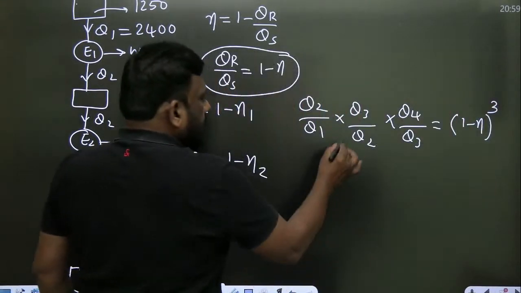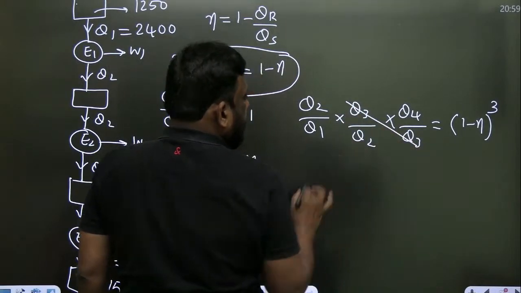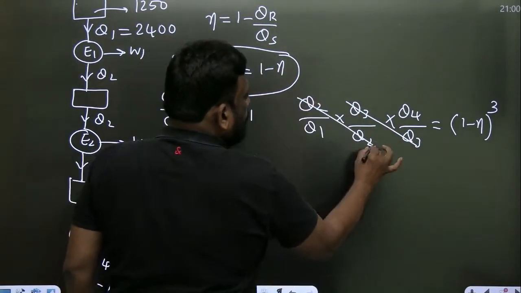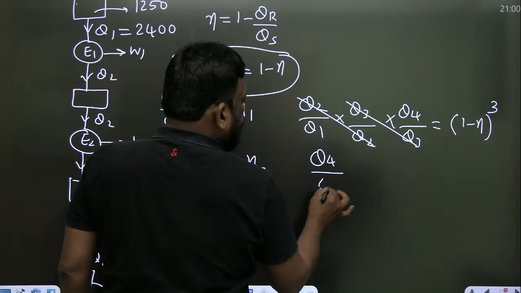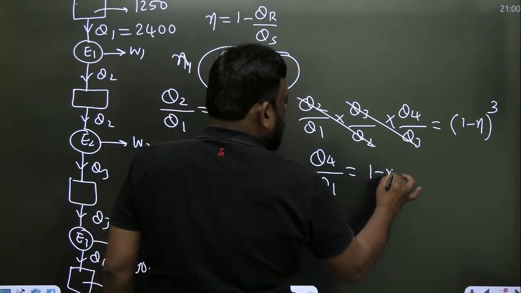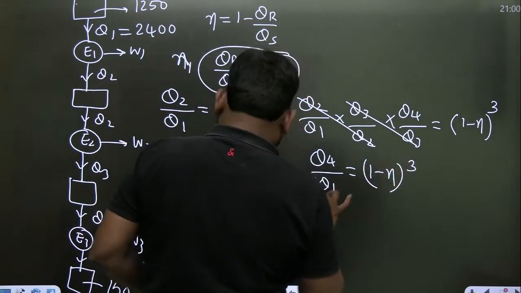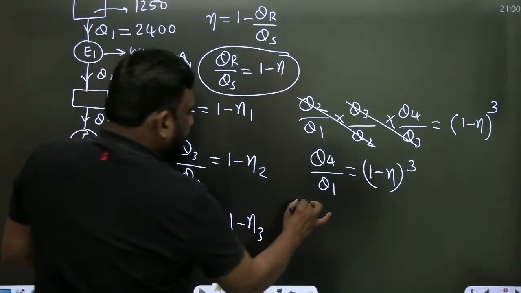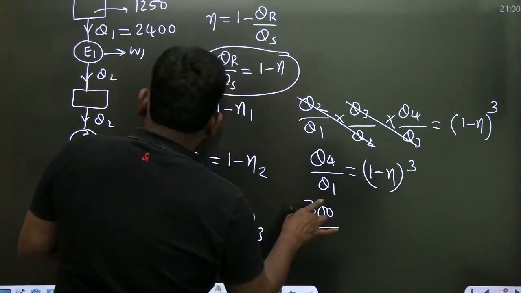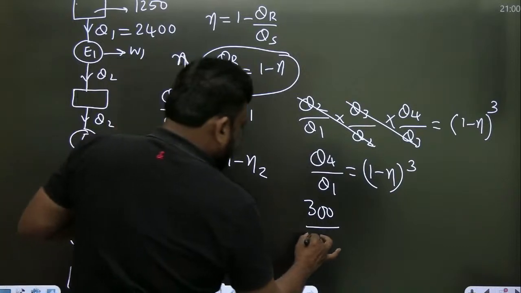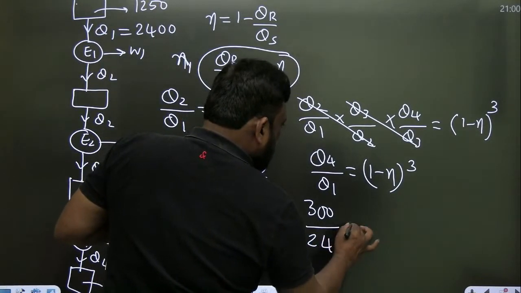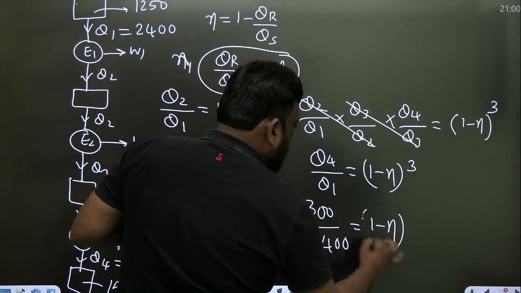So Q3 cancels, Q2 cancels, and Q4 by Q1 is equal to 1 minus efficiency whole cube. What is Q4? It is 300. What is Q1? 2400. And that is equal to 1 minus efficiency whole cube.